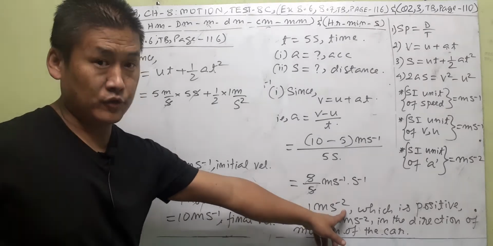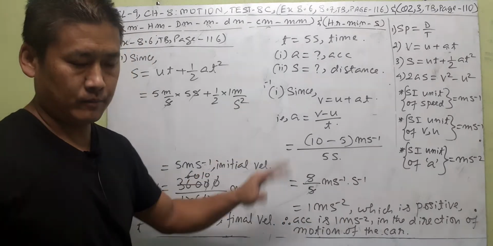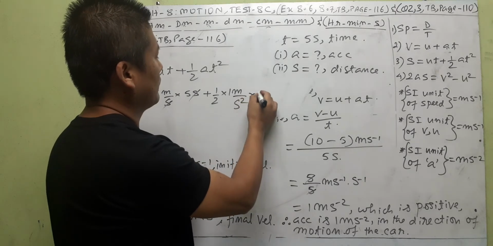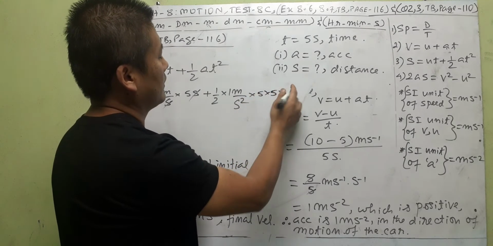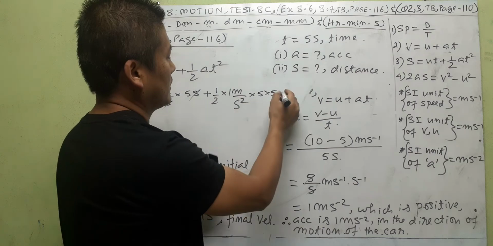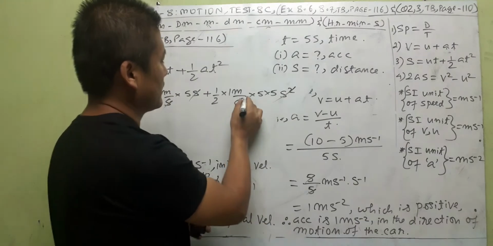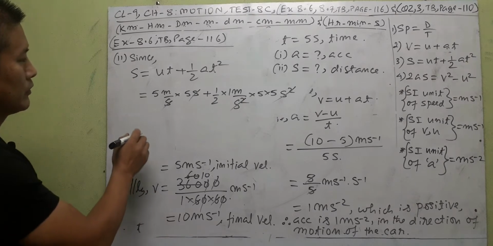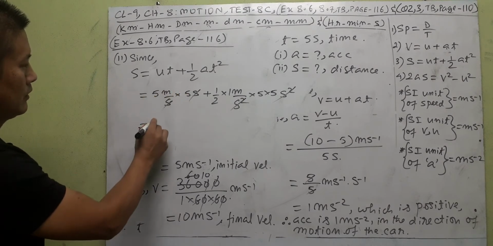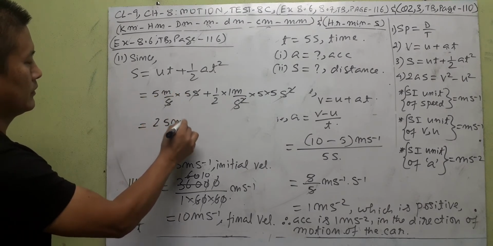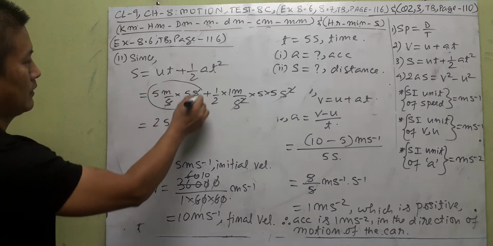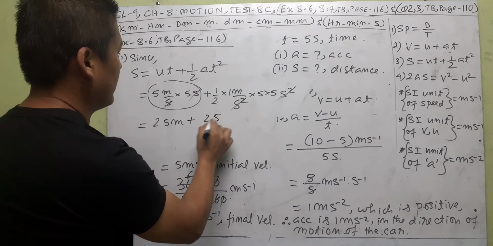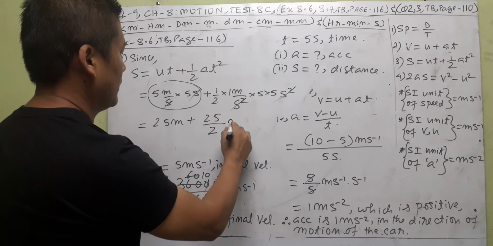I'm just bringing this minus 2 power down, so it becomes square, plus half a t square, so 5 into 5. And t square means second into second square, so we can cancel this. Then here, we are going to get 5 5s are 25 meter, this part. Then here 5 5s are 25 divided by 2 here meter.